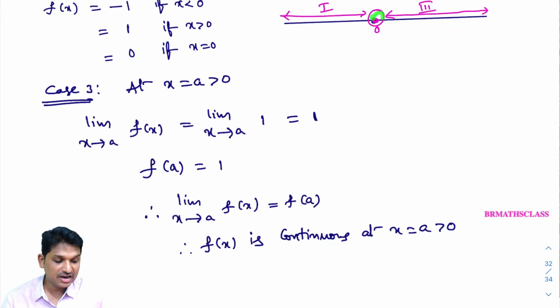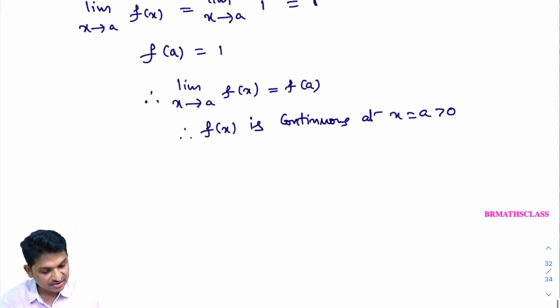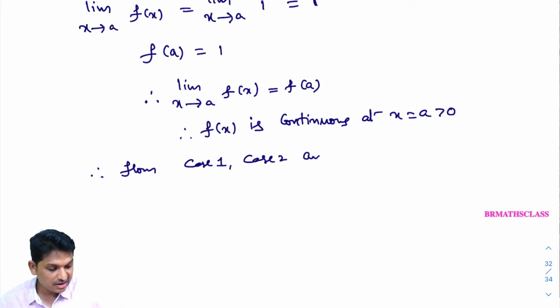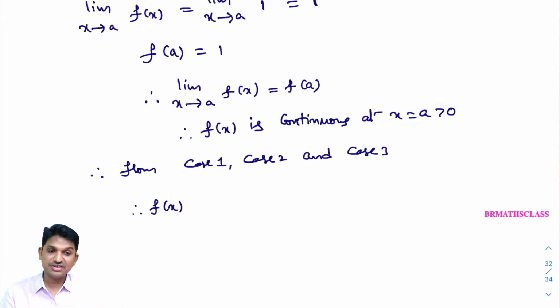I got that at this point this function is discontinuous. I'll conclude this. Therefore from case 1, case 2 and case 3, what can I say? We can say that f of x is what they are asking in the question: find all points of discontinuity.